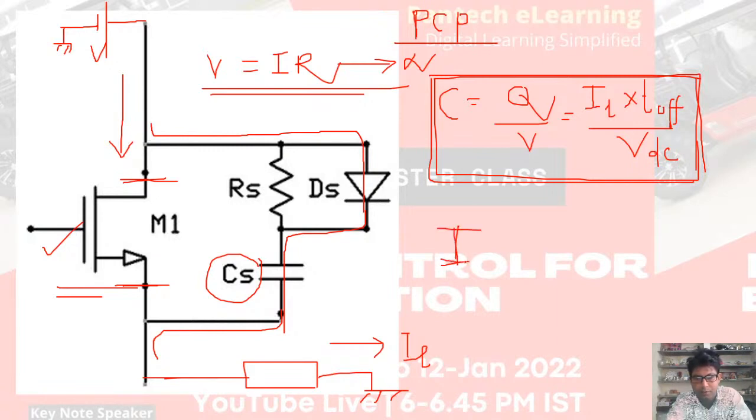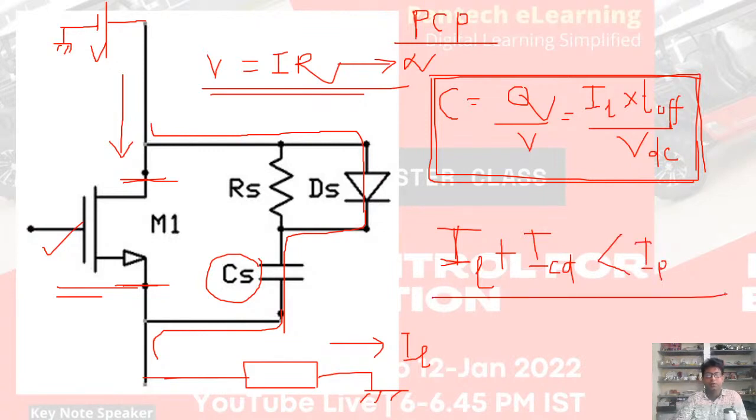When the switch is closed again, the capacitor will get discharged. So this is my capacitor, this is my rated load current, and this is my capacitor discharge current. So the peak rating of the switch should be at least higher than that.